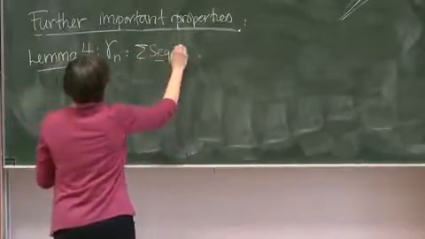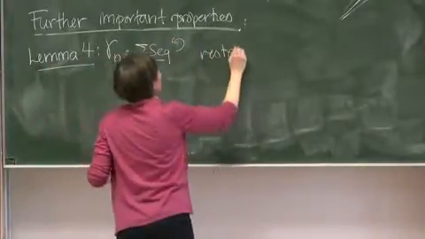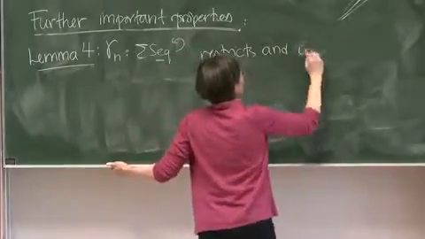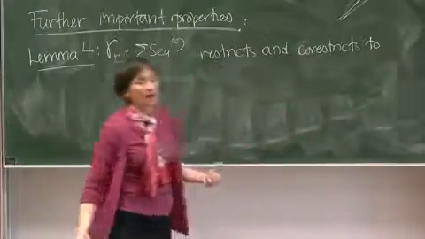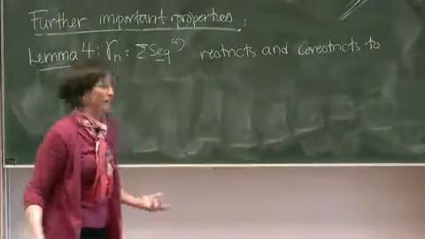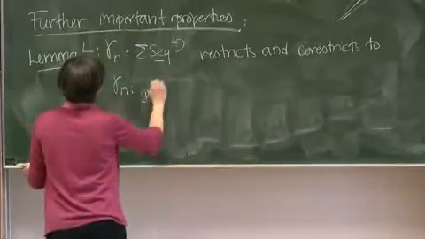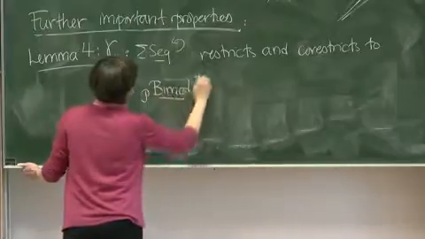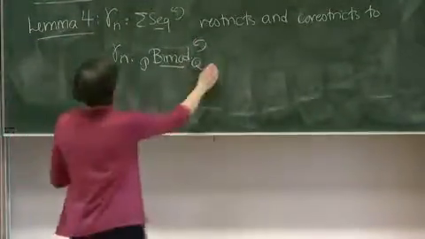So it turns out that gamma n, which is this endofunctor on symmetric sequences, restricts and co-restricts to an endofunctor of PQ bimodules for any P and Q. So it behaves really nicely. It gives you the structure on PQ bimodules.